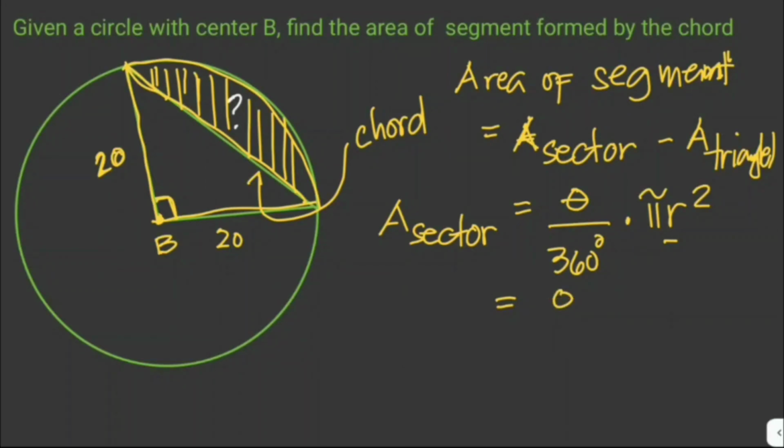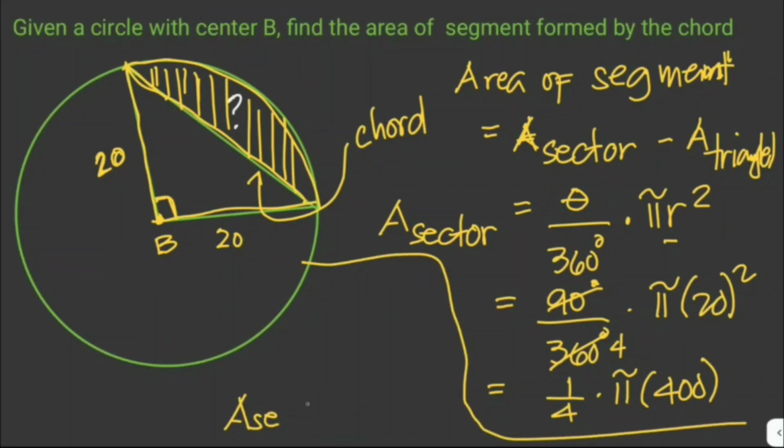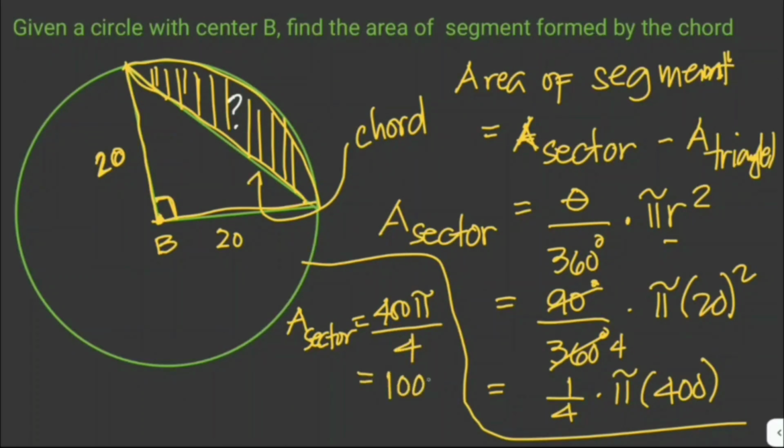We have 90 degrees over 360 degrees times pi 20 squared. Since 360 is divisible by 90, this is just equal to 4. So we have 1/4 times pi times 400. So the area of the sector is equal to 400 pi over 4, which is just equal to 100 pi.